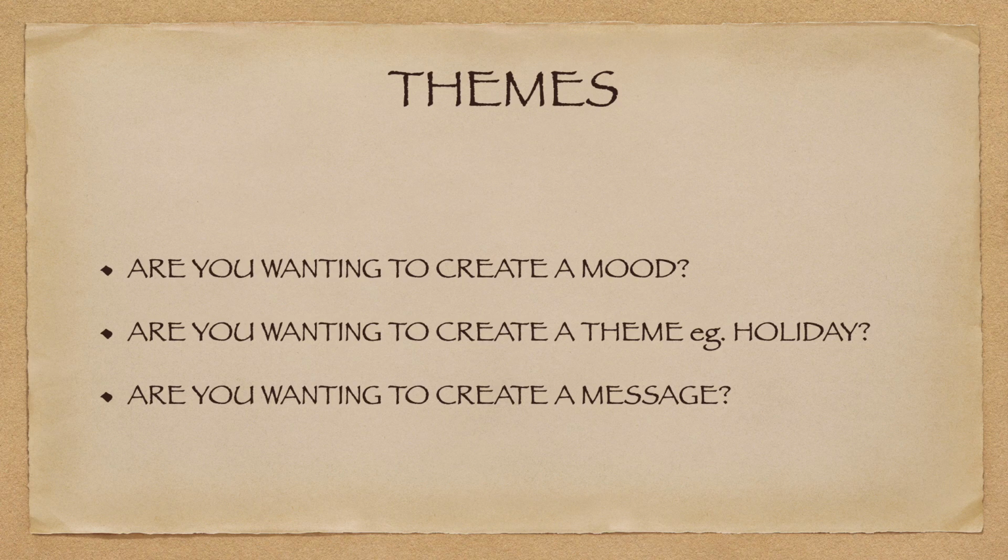Sometimes you are wanting to create a theme or a mood. Sometimes you can achieve that by using certain colors or having a color scheme, if you will. Sometimes those are homogeneous color schemes. Sometimes those are complementary or split complementary. Sometimes you can create a message by including certain materials.